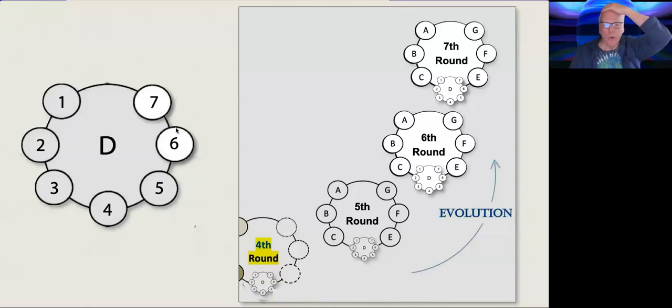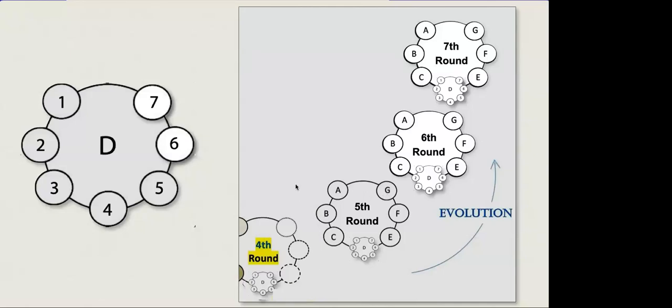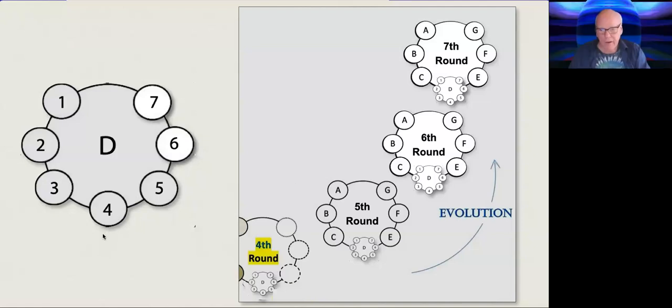We'll be going through 7 sub races. We'll finish our 6th and 7th sub races during this root race, and then we'll move through 7 sub races during the 6th root race, and finally 7 sub races during the 7th root race. And then we'll move to the next round altogether. It's just way beyond comprehension, beyond any kind of imagining.